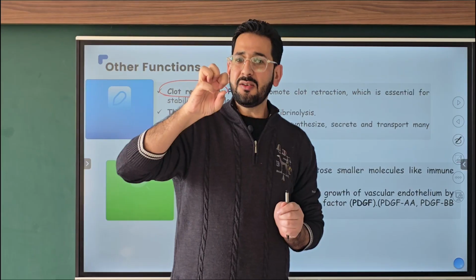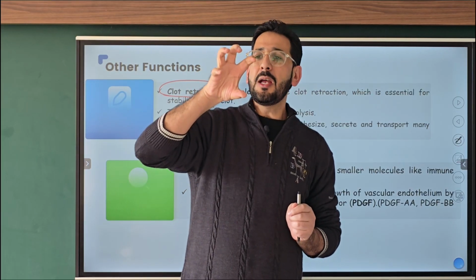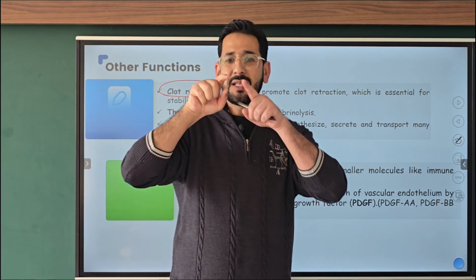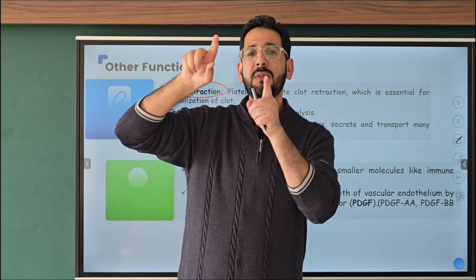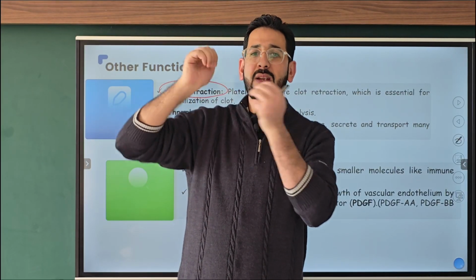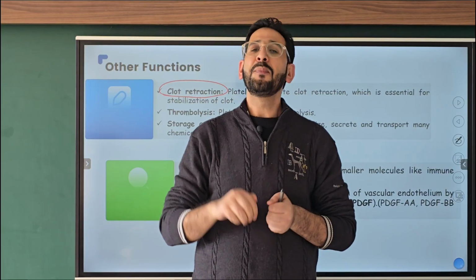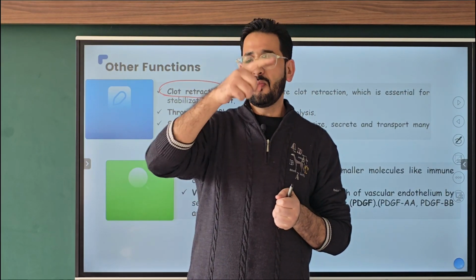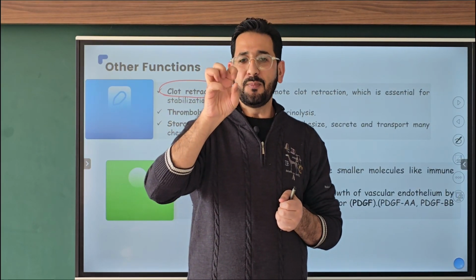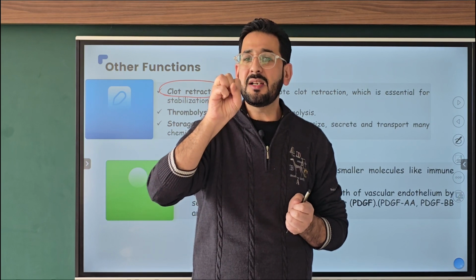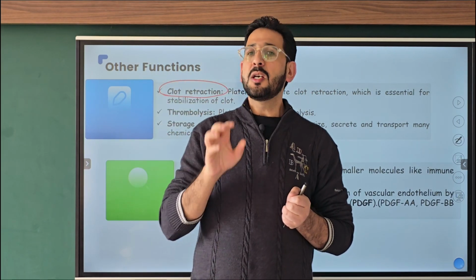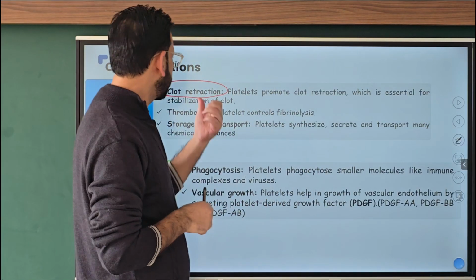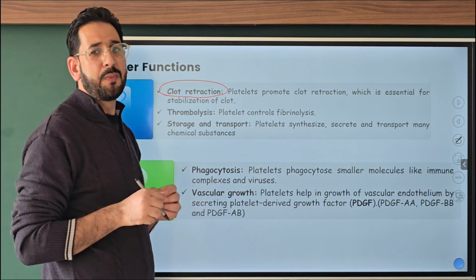And this contraction of the clot will pull the two edges of the injury close to each other, and that will promote the healing process. The second thing is that once there is clot retraction, it will decrease the clot size, and that will promote the blood flow inside the blood vessel. So this is called clot retraction, and there is definitely a role of platelets.